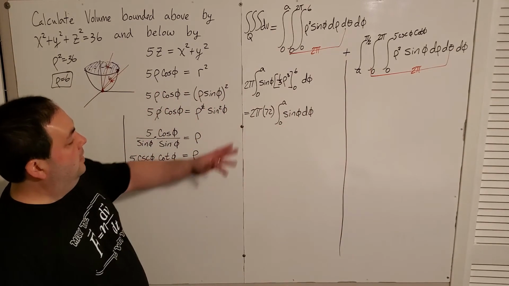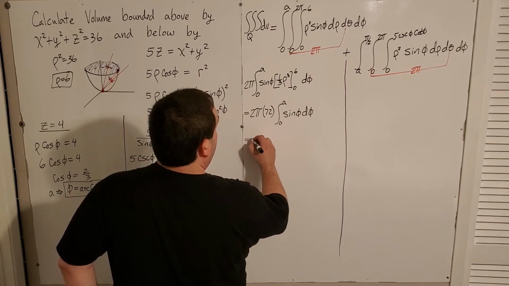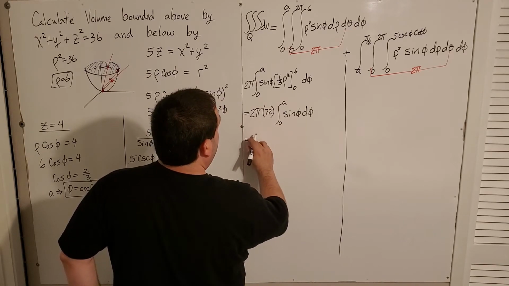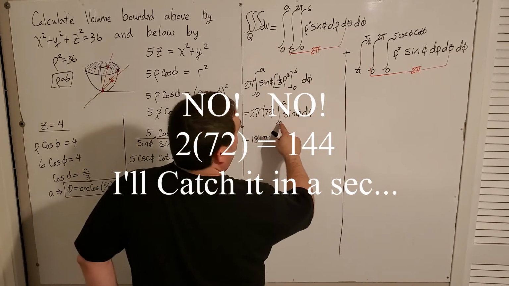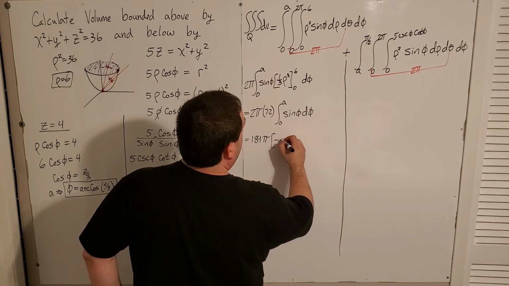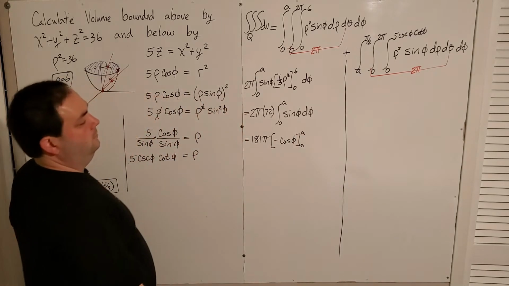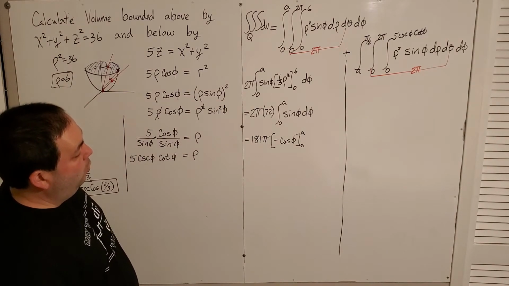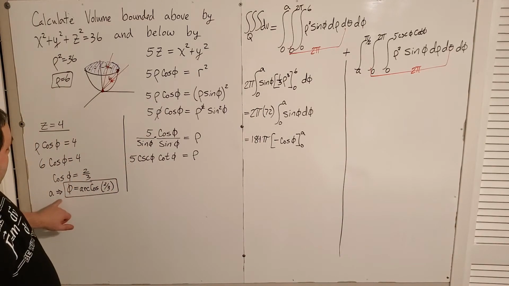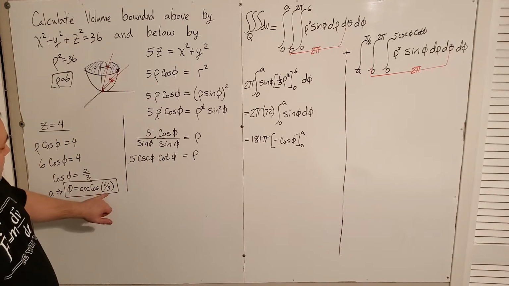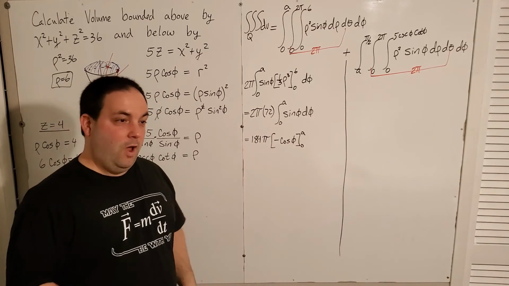Right? Well, integral from 0 to a sine phi d phi, that's a straightforward one, isn't it? 2 times 72, right? There's my 144 pi right there. And then this is going to be negative cosine phi evaluated from 0 to a. Okay? When I plug in a, now here's the fun part. A is the inverse cosine of 2/3, and I'm plugging it into cosine, right?